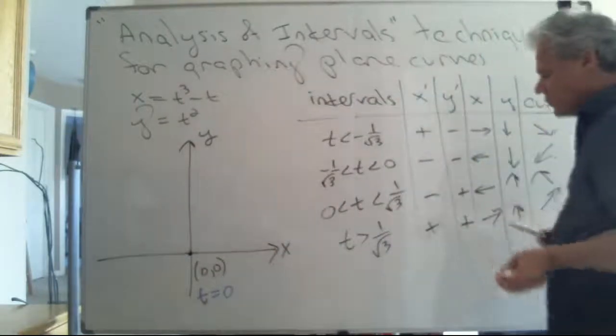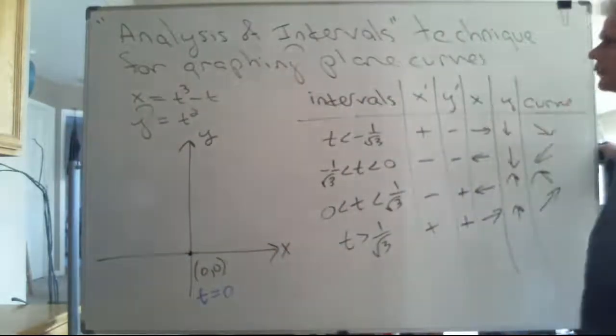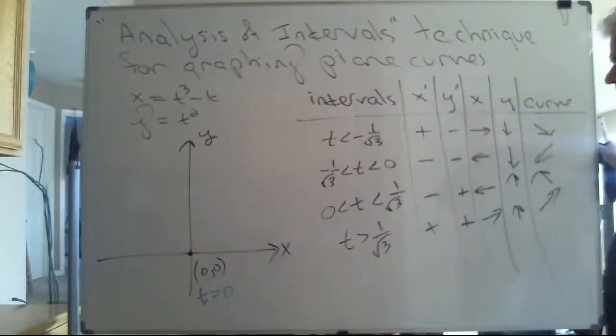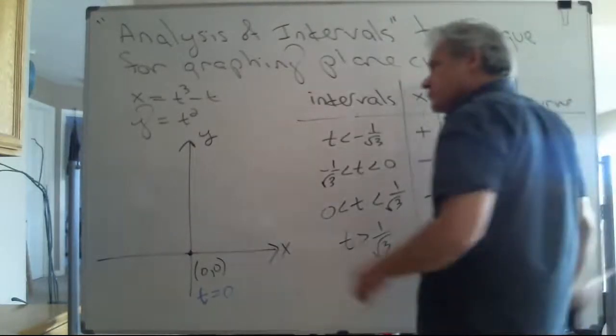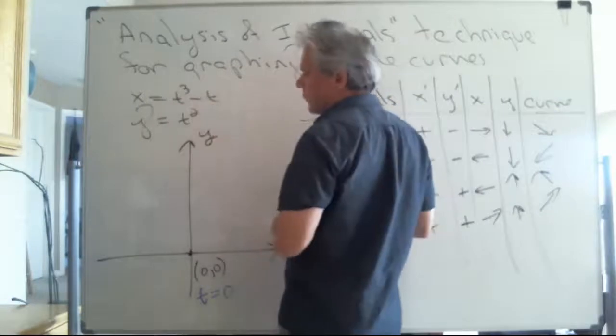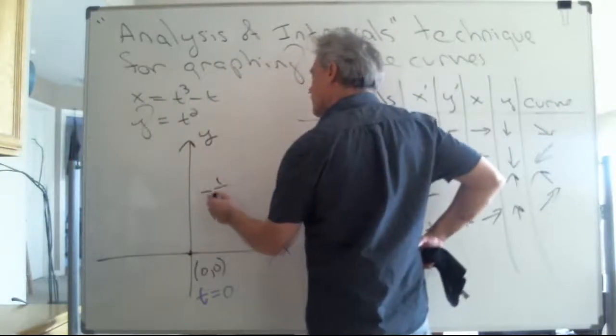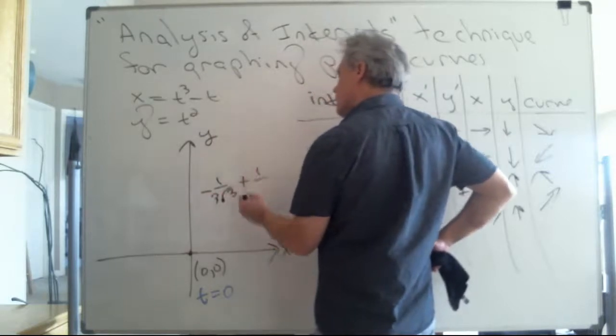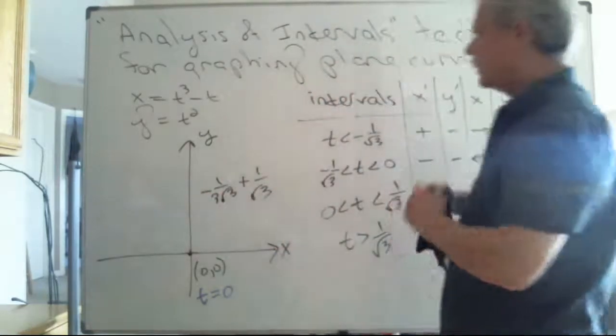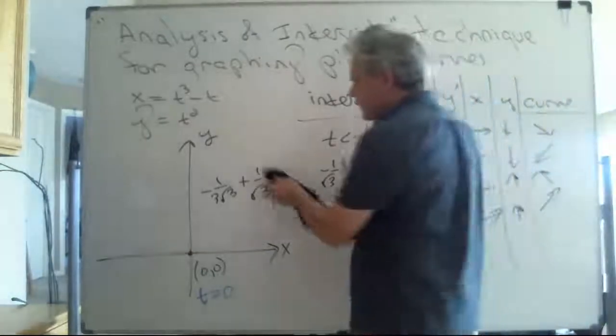Now let's look at the other two interesting critical ones. Let's do the small one first, -1/√3. The corresponding point of the graph, if I plug -1/√3 in for t here, I have no idea what it is. So that can give me this.